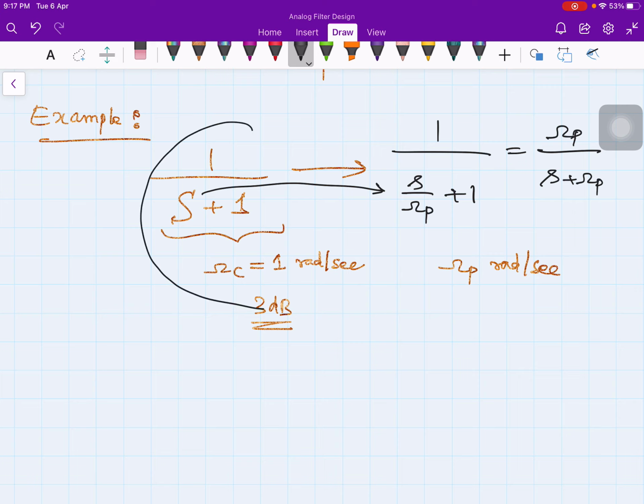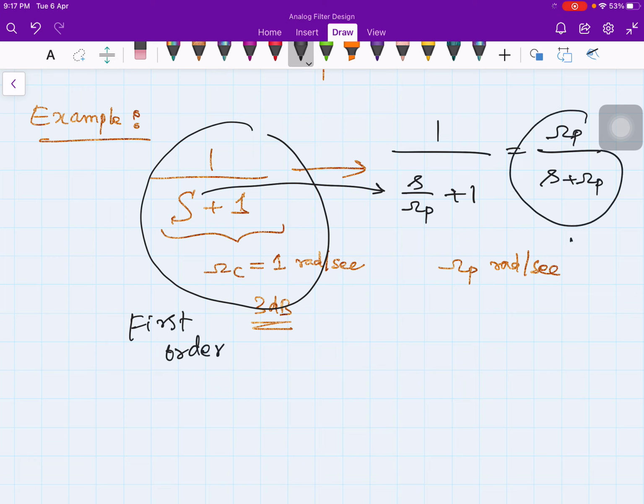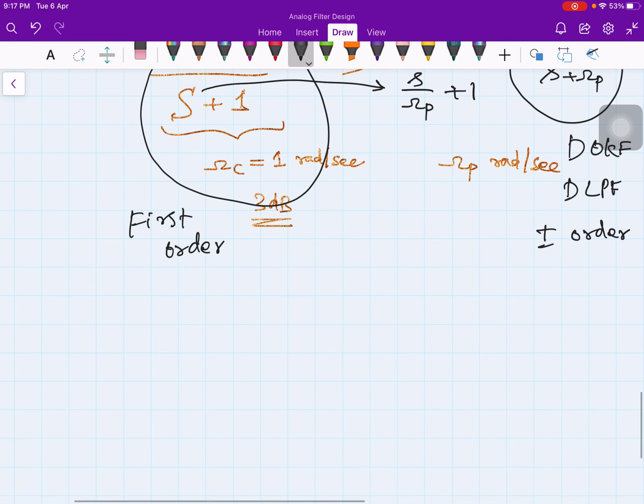The normalized filter is first order, and after you convert to the denormalized low pass filter, again it is first order. So there is no change in order. That's what I want to emphasize here. That's all you do to transform a given normalized low pass filter into a denormalized low pass filter.